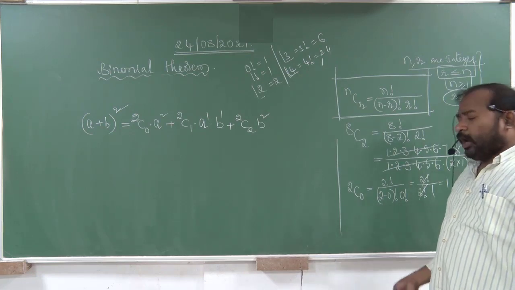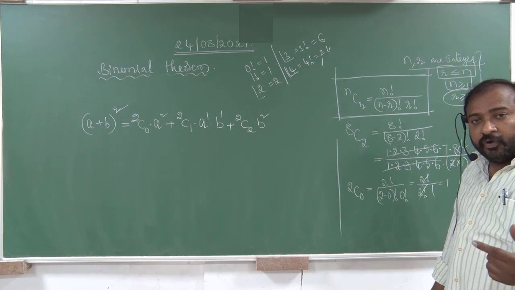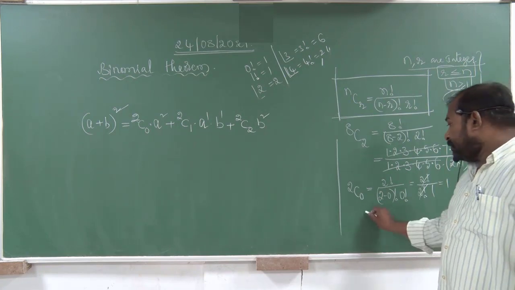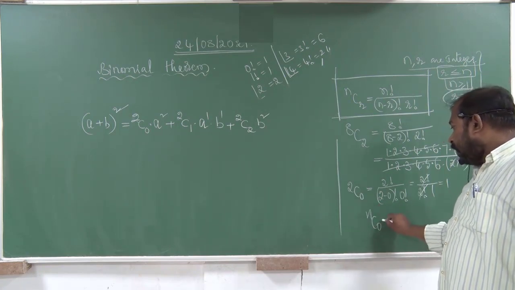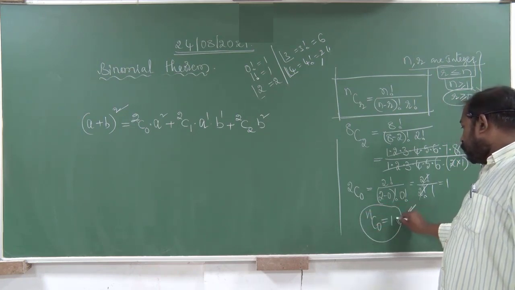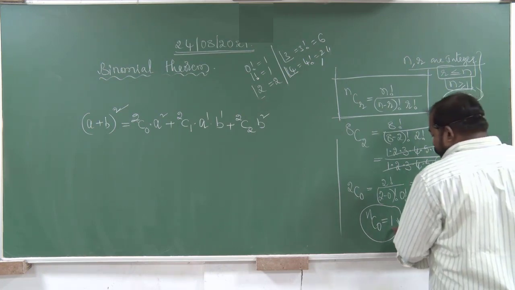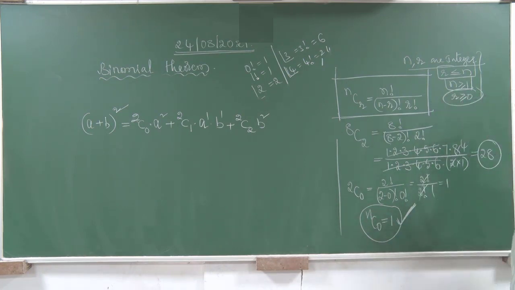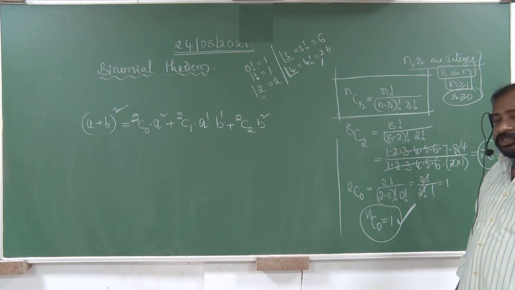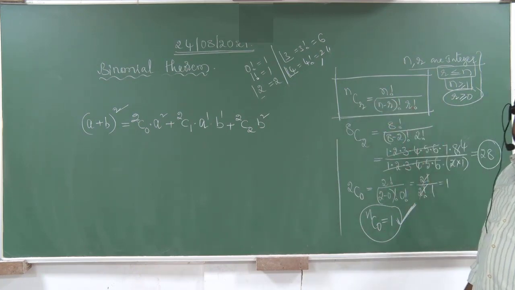One important point: not only 2C0, even 3C0 value is also 1, 4C0 value is also 1. So NC0 is always equal to 1. This is one more important point. NC0 value is always 1, where N is a natural number, and R is a whole number.